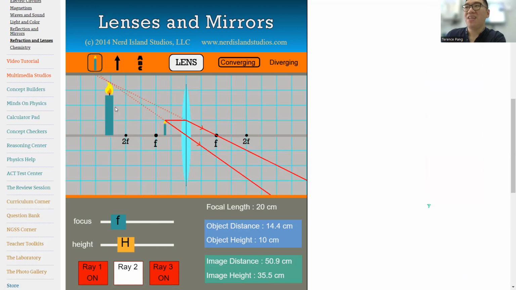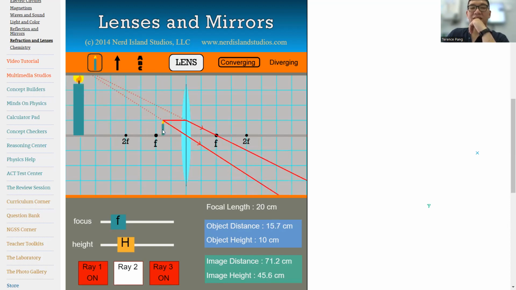The image of the candle is bigger. What property of this image can you deduce? Magnified is one, yes. Virtual. Last one. Magnified. Virtual. Upright. What is the application? Yeah, magnifying glass. So you need to know all of this.